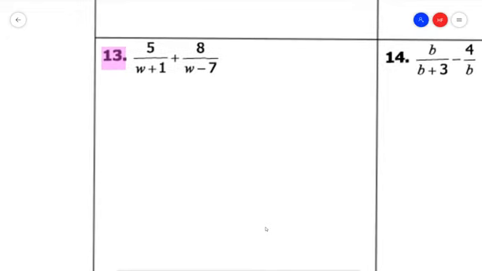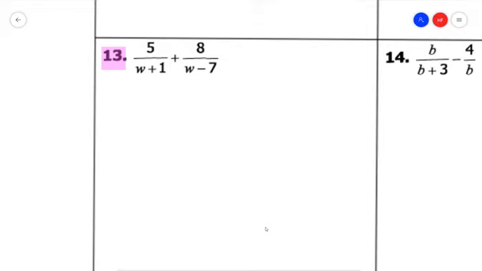Now number 13, I have w plus 1 and w minus 7. There's nothing that I can factor and nothing is in common. So when that happens, just like in the number example that I gave y'all, we had to multiply by the opposites. One had a 5, one had a 3, and the one with the 3 multiplied by 5, the one with the 5 multiplied by 3. So the same thing's going to happen here.